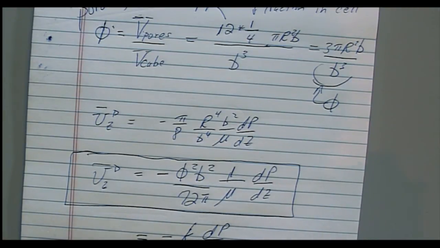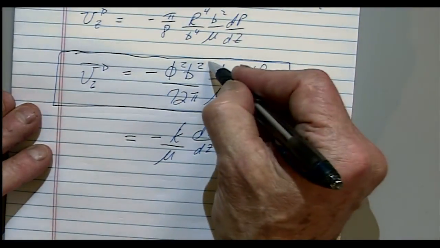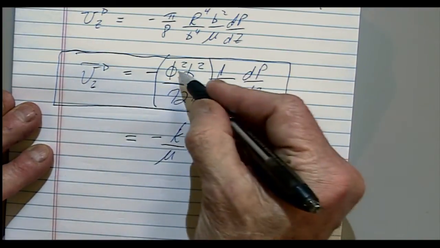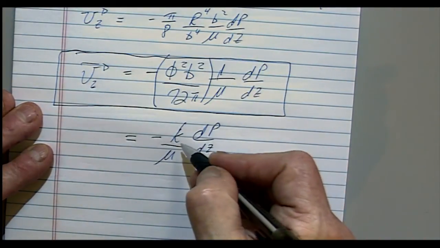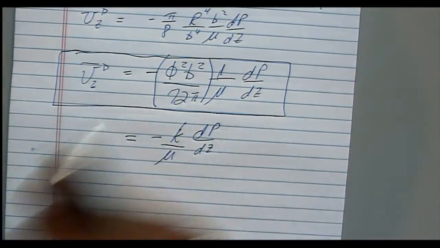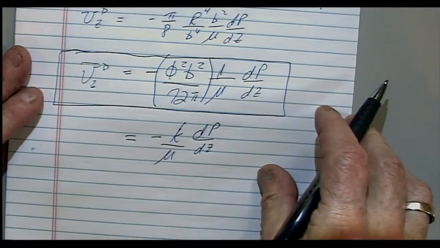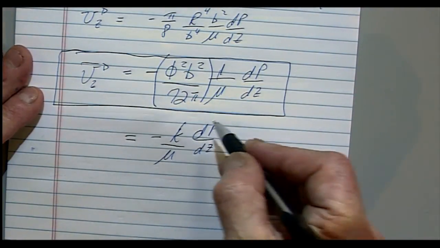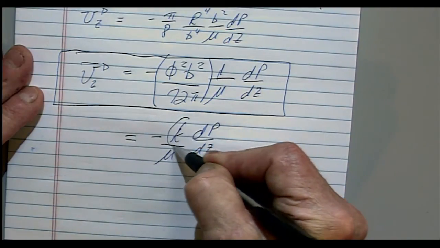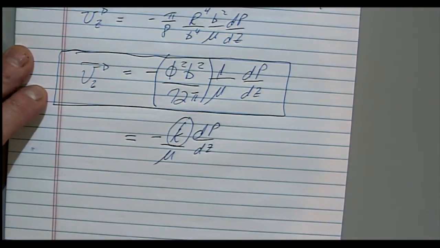And so this piece here, phi squared b squared over 72 pi, is kind of a geometrical term. It depends upon the details of the pore structure that we assumed. And that all gets lumped into this term, the porosity of the system.